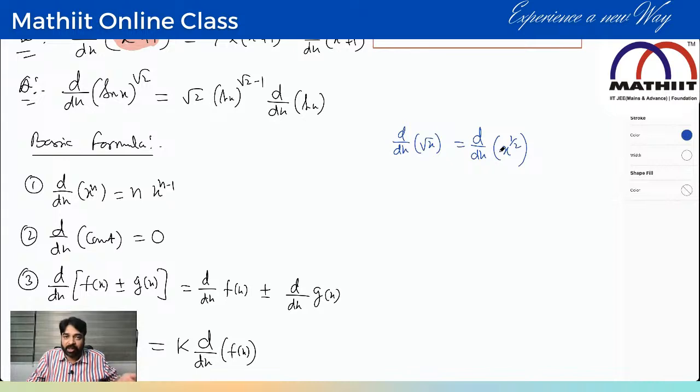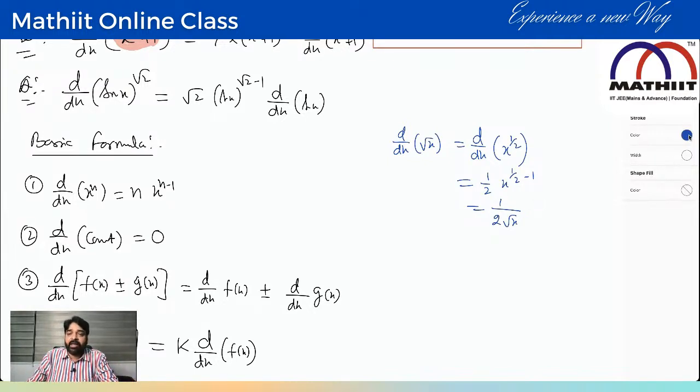I don't have to do an extra job. Just apply the formula. If the variable is not x, there are 2 jobs: apply the formula assuming it is x, and then differentiate the variable. So here, 1 by 2 into x power 1 by 2 minus 1, or you can say 1 by 2 root x, because x power minus 1 by 2 means 1 by root x.